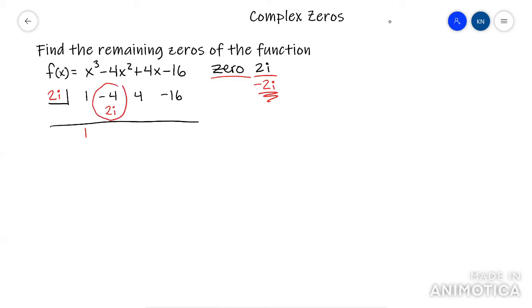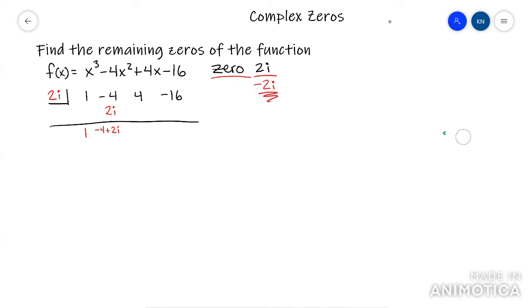These are not like terms. You cannot combine them. So you just write it like this. Negative 4 plus 2i. All right, before I go any further, you need to realize that i times i is the same thing as i squared, which has a value equal to negative 1. It's a sign changer. When you have an i squared, it's a sign changer.